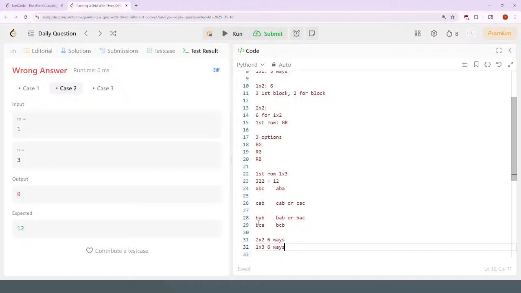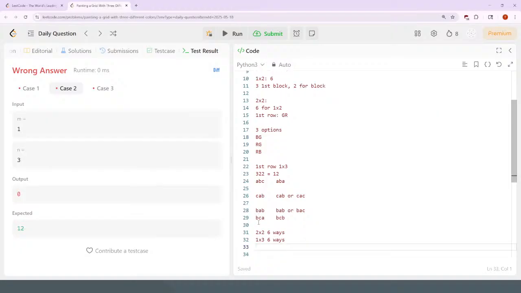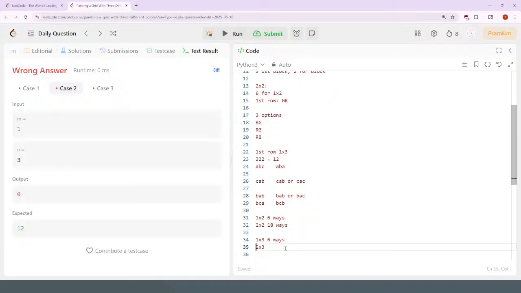Yeah. And then a 2 by 3. So each of the 6 ways. Sorry, 1 by 2 is 6 ways. A 2 by 2 is 18 ways. 1 by 3 is 12 ways. Ow. 1 by 3 is 12 ways.